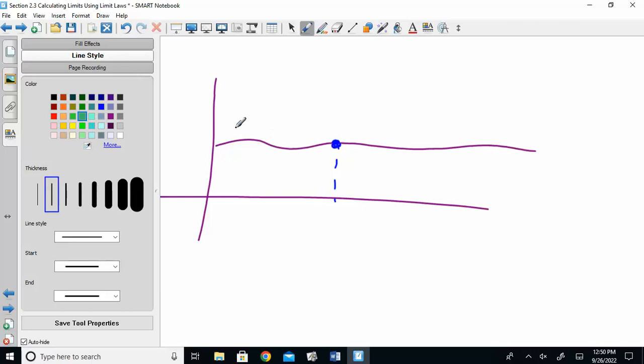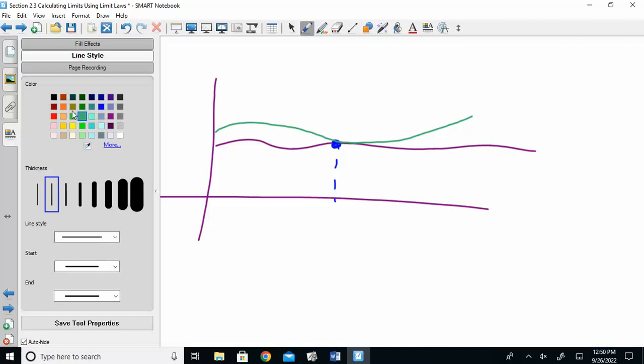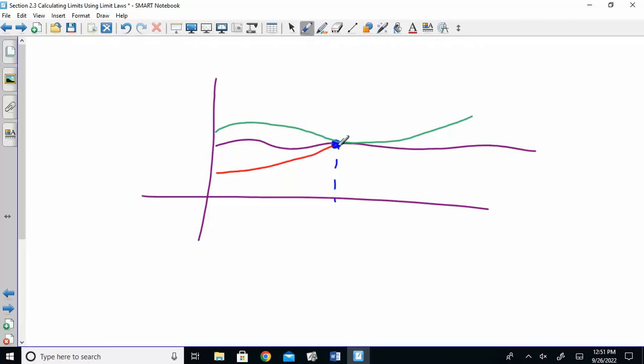But if I knew that there was one function that was always smaller or always bigger than that one, and I knew another function was always smaller than that one, then if those two had the same limit, the one sandwiched between them would be equal to the same thing. So that's the idea we're going to do. We're going to take two functions that we do know, that we can squeeze this in between, and use those limits to help us.